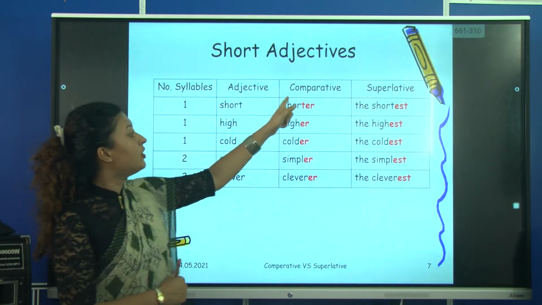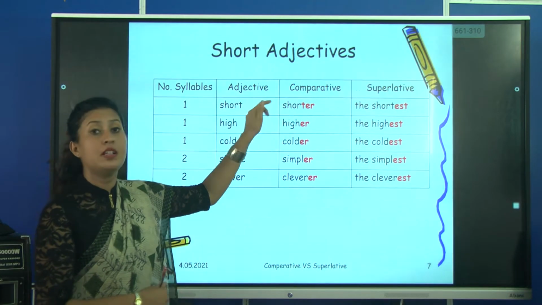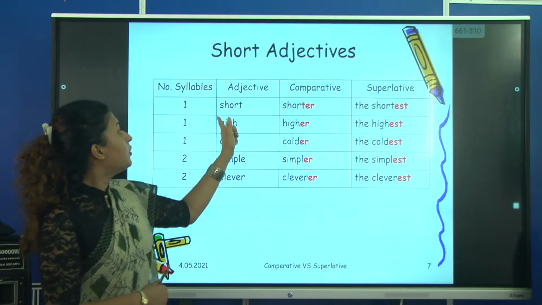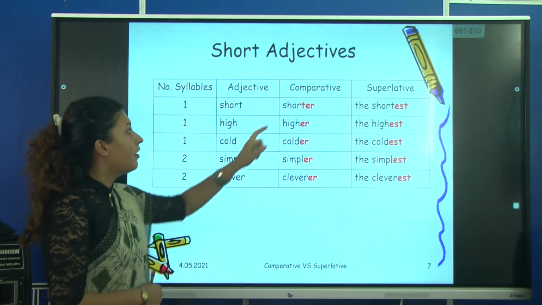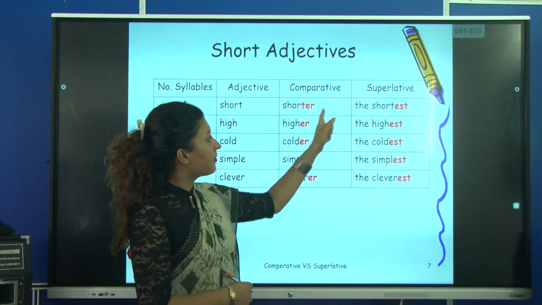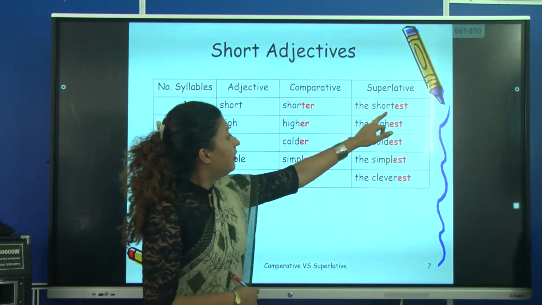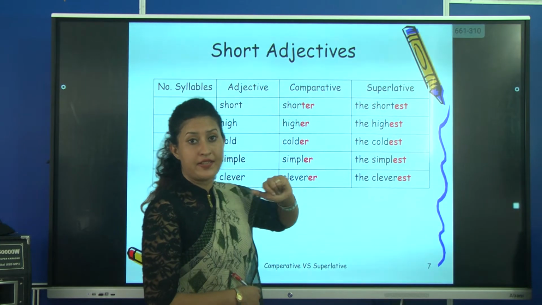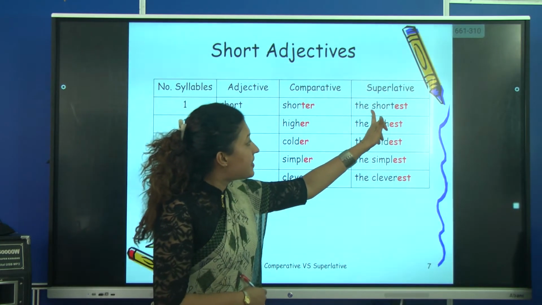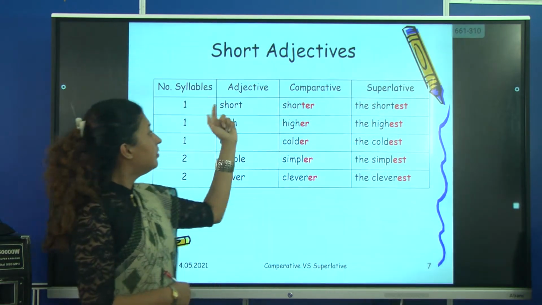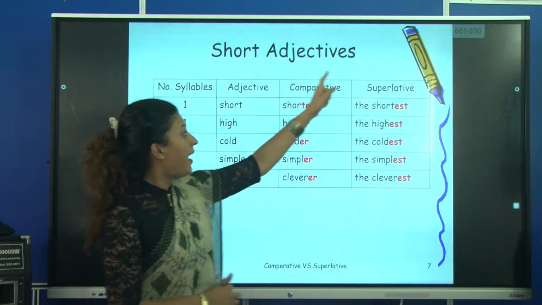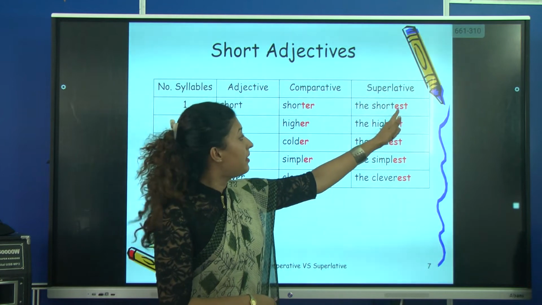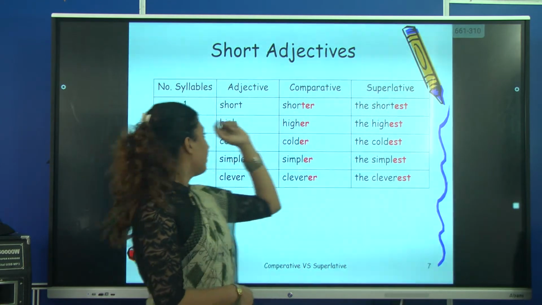Short, when you convert it into a comparative adjective, you put er and it becomes shorter. Now superlative adjective, it will become shortest. That means to the same adjective, for comparative adjective we put er and for superlative adjective we put est.